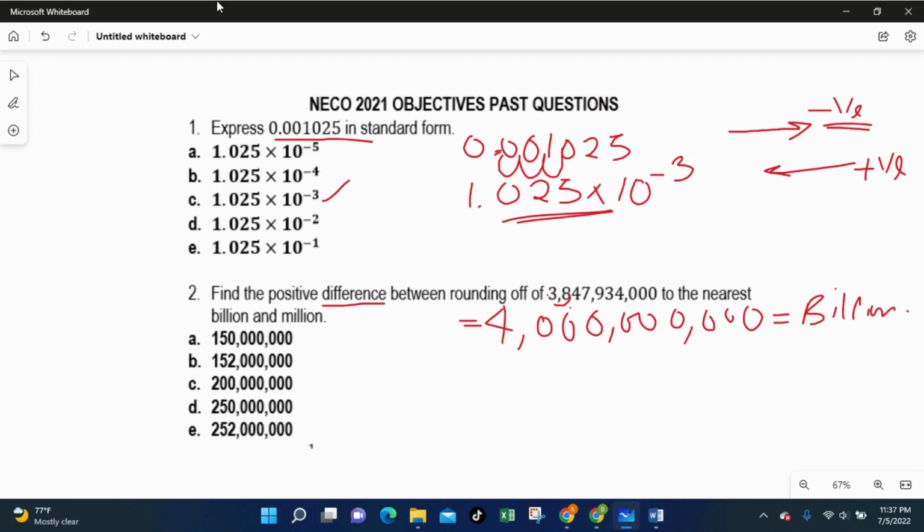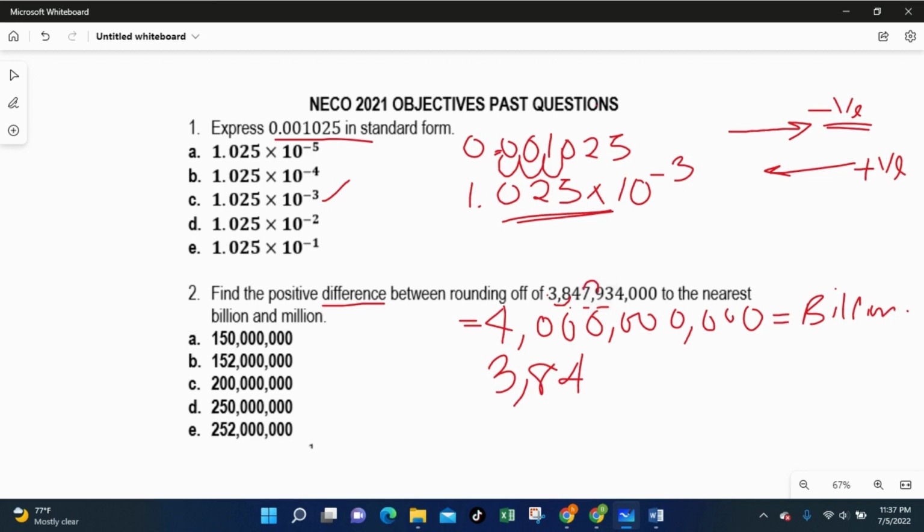If we are finding to the nearest million, our 3 will be included, 8 will be included, and 4 will be included because they are under the million. Notice that 7 is the last value for the million. The next value is 9, which means it is more than 5, so it will be approximated.